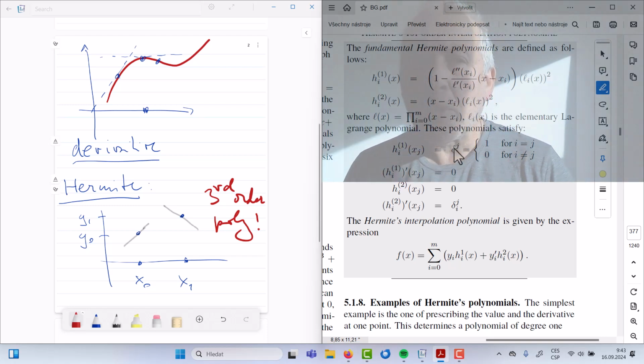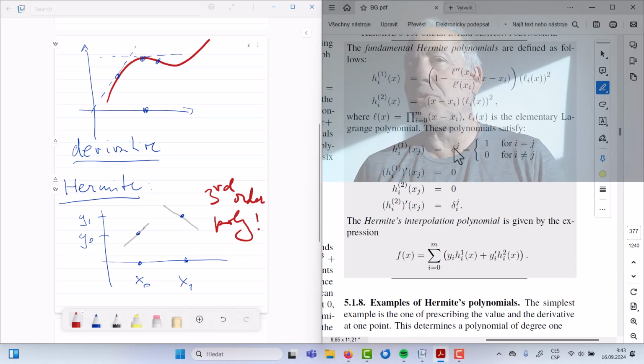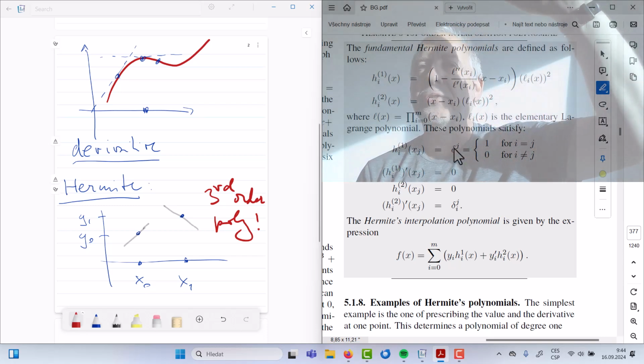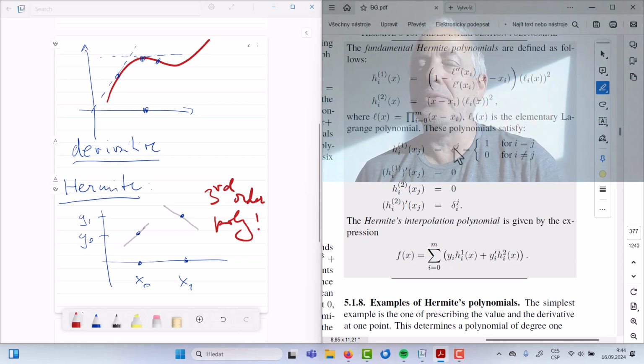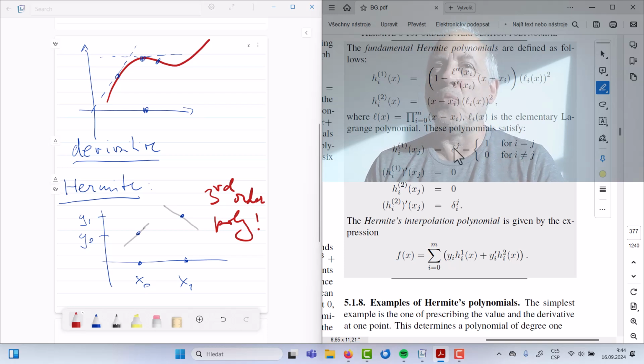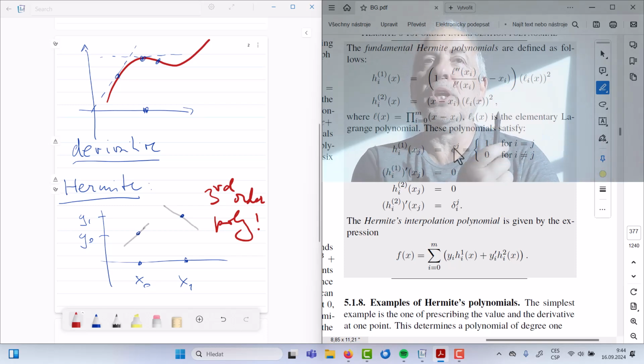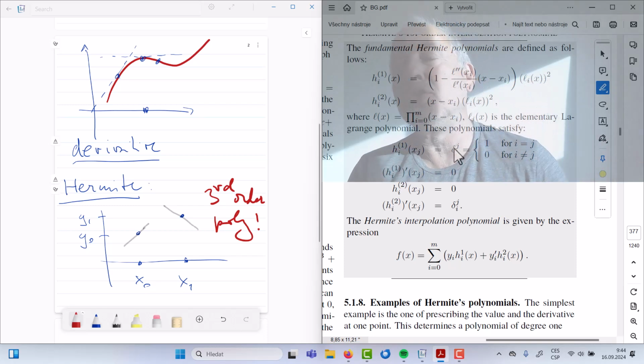So the most strange thing would be you start with 1 point x0 only and give k derivatives and the value, right? And then you know that you will just prescribe exactly one polynomial, which will be of order how much? So there will be k plus 1 conditions, so it will be k's order polynomial.